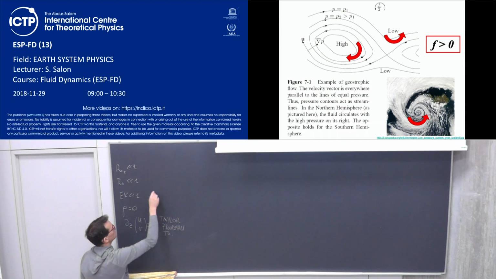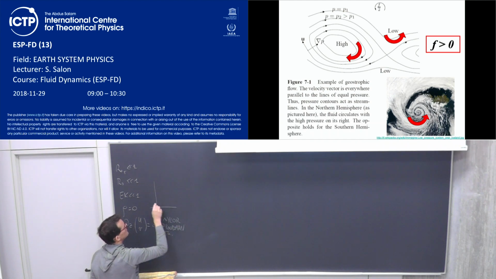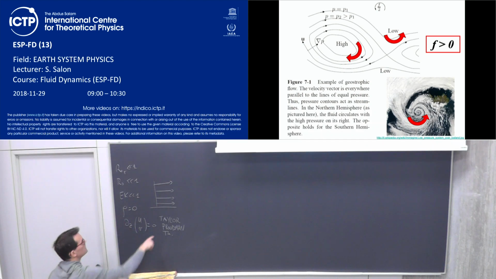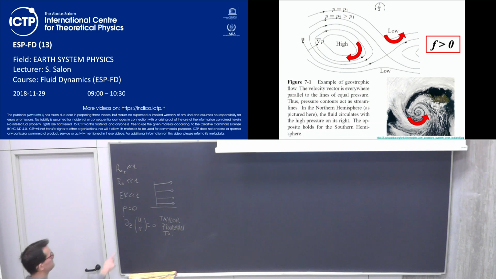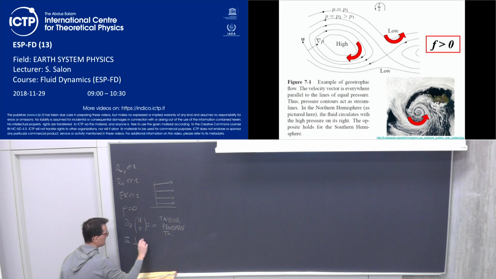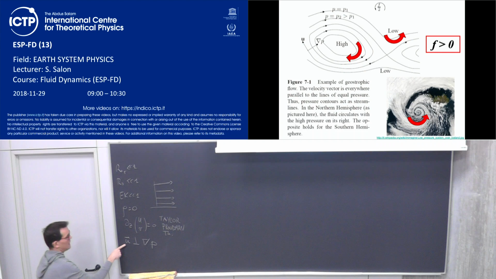So flows are like this. There is no change in the vertical of the horizontal velocity. The other thing that we found was that the velocity is perpendicular to the pressure gradient.